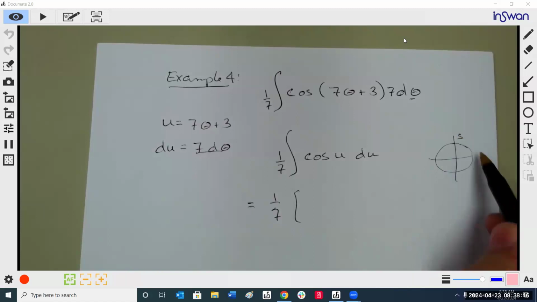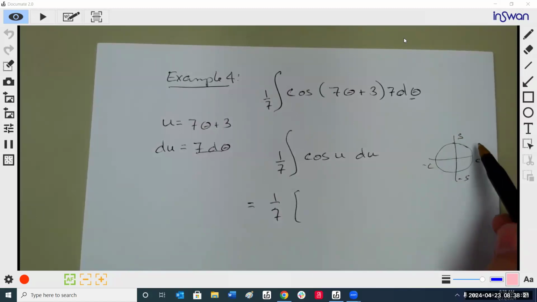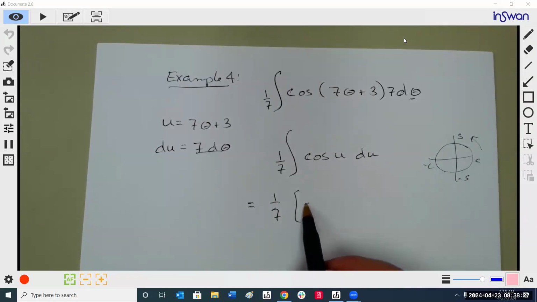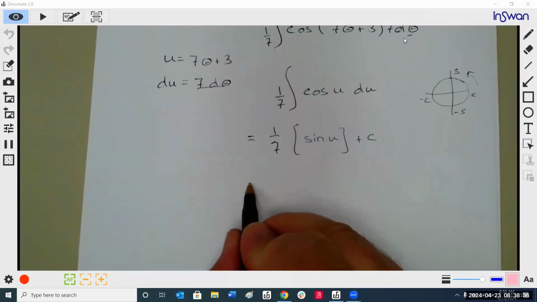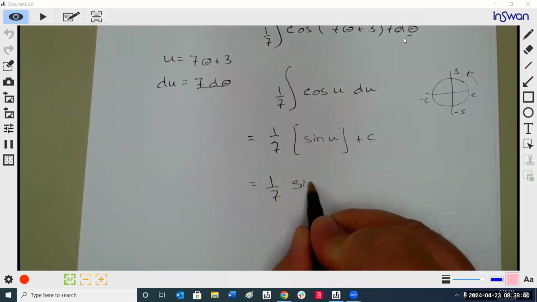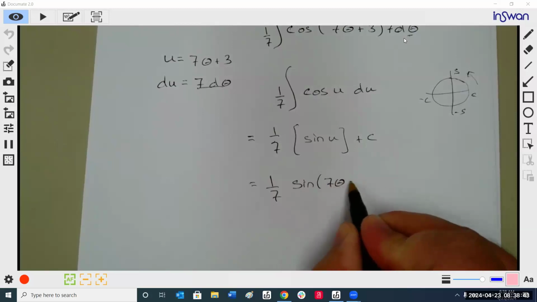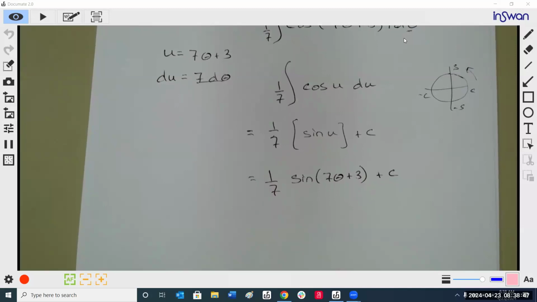We have sine up here, cosine, negative sine, negative cosine. So the derivatives, integrals go this way. So the answer is sine u plus c. So we could just replace these: sine of 7 theta plus 3, plus c.